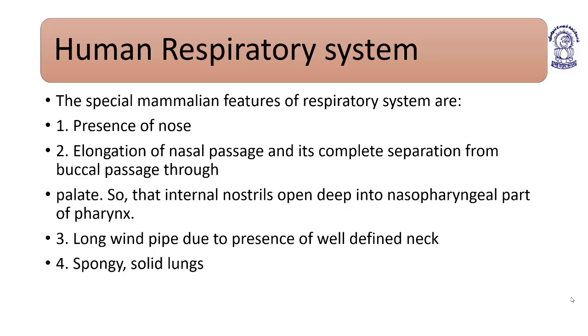The first point we have to consider is what are the different specialities of mammalian respiratory system, that is human respiratory system. The main features of human respiratory system are: first, presence of nose; second, elongation of nasal passage and its complete separation from buccal passage through palate. Very important.